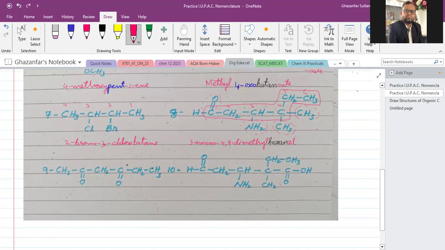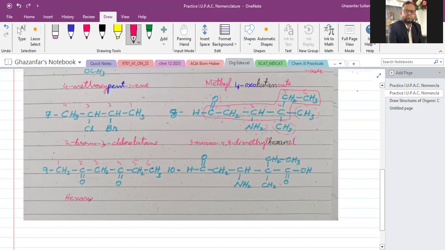And now this is the compound, and you have written its name correctly. 1, 2, 3, 4, 5. If you start numbering from here, then 1, 2, 3, 4, 5, 6. So the second and the fourth positions are ketone, and there is no other group. So we can write its name hexane, because there is no double bond between carbon atoms.